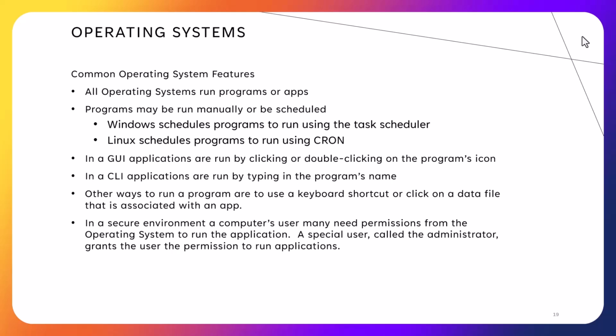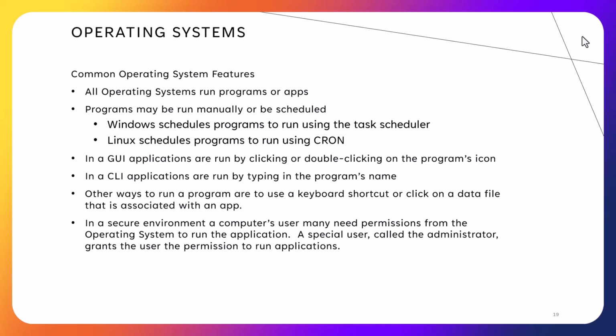Within a graphical interface, we can also run an application by just simply double-clicking the application's icon and the application runs. In a command line interface, we have a command prompt and we enter the program's name, press the enter key, and the application will run. Other ways to run programs are with keyboard shortcuts.